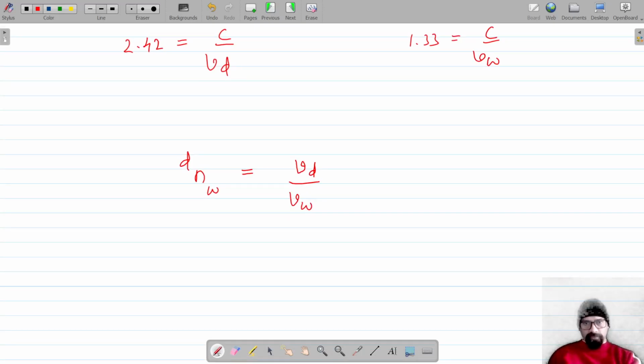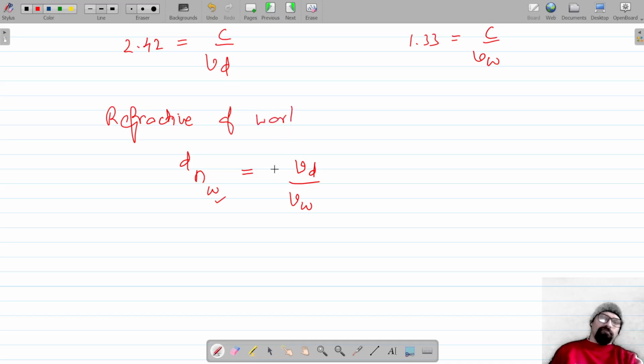So we have to use this. This is the refractive index of water with respect to diamond, which we have to find out.